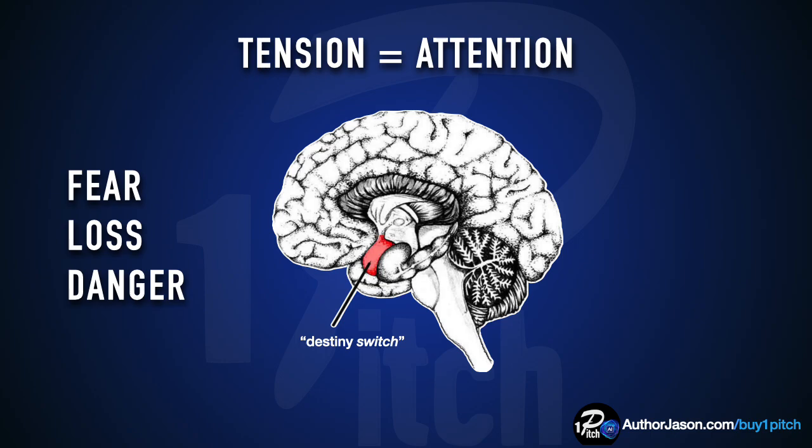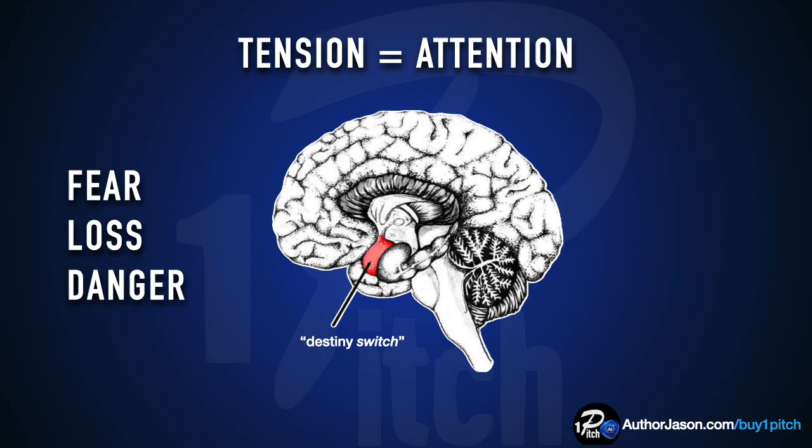Now, in the 1Pitch program, I talk about this destiny switch. In science terms, this is called the amygdala. In the amygdala, this destiny switch only responds to 3 things: fear, loss, or danger.